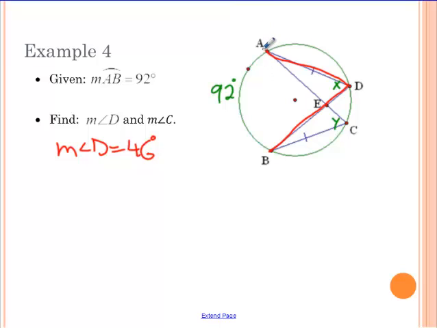But when you look at angle C, that also does the same thing. Those two lines form arc AB. That's also half of 92, that's 46. So because these two angles cut off the same arc, those two angles end up being congruent.